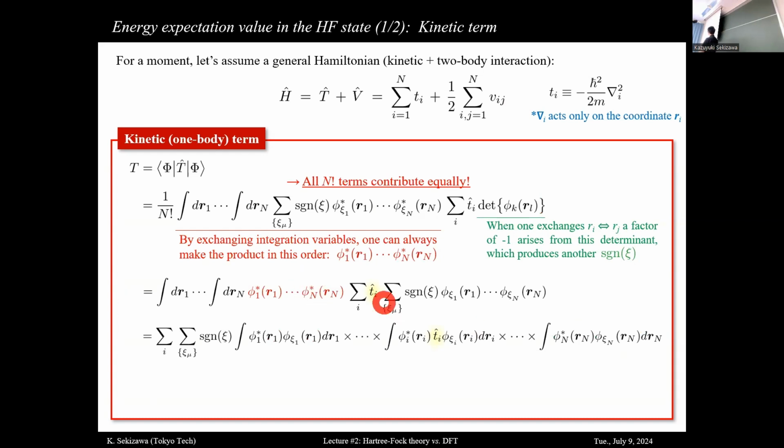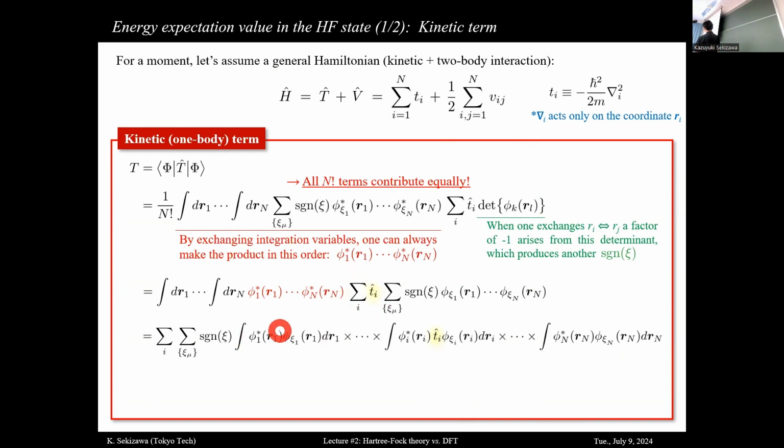Now this one-body operator T hat acts only on the i-th coordinate Ri here. So the other single particle wave functions phi star and phi are not affected by this operator.